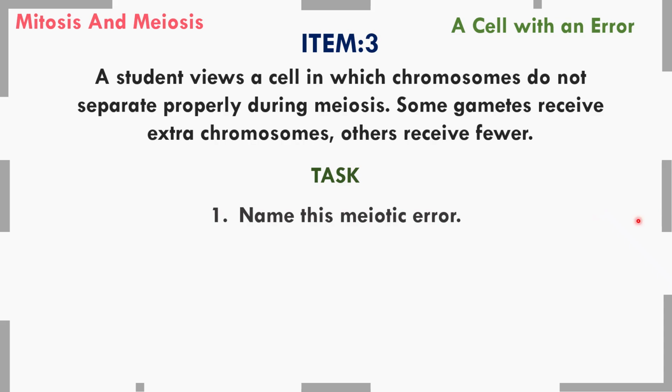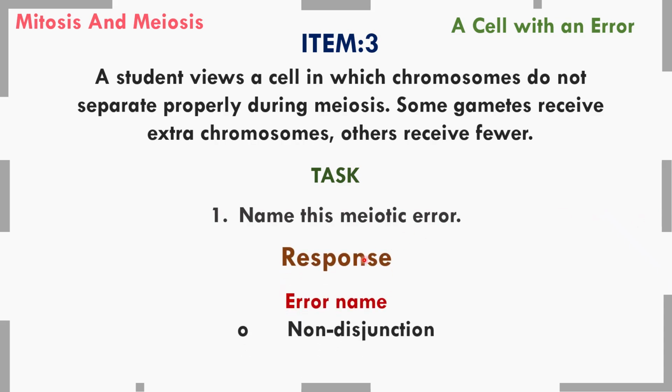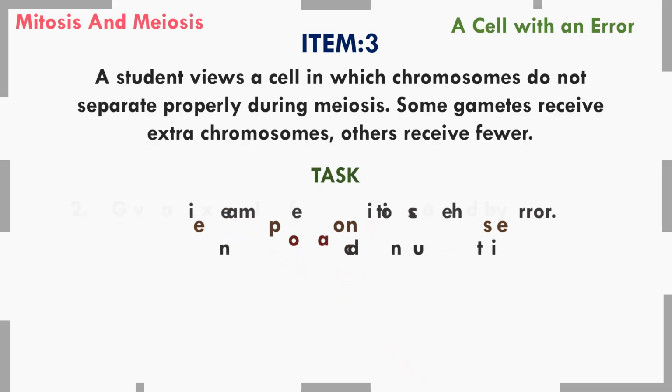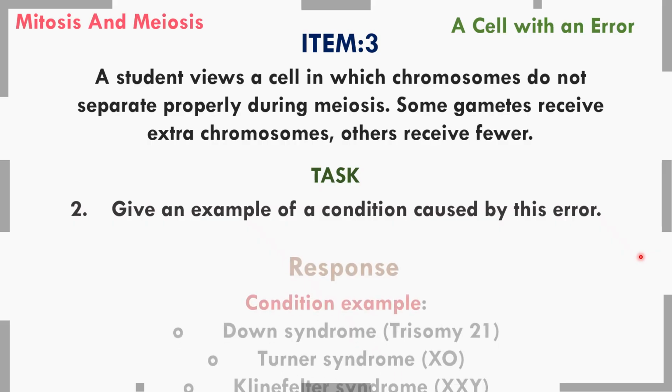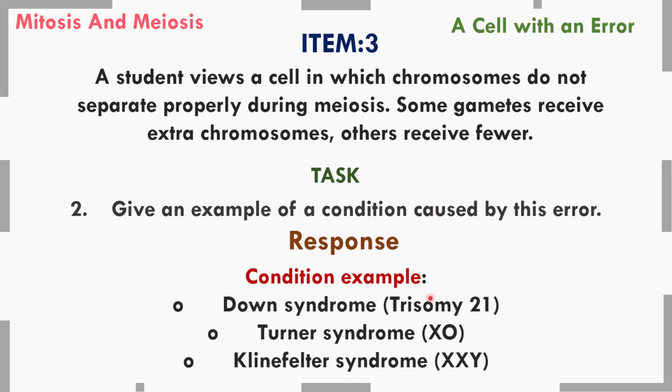Name the meiotic error. The error name is non-disjunction. Give an example of a condition caused by this error. Condition examples we have Down syndrome, trisomy 21, Turner's syndrome, XO, Klinefelter syndrome, XXY.